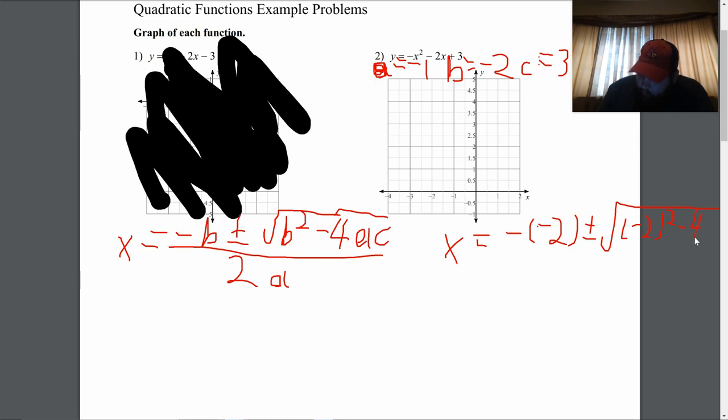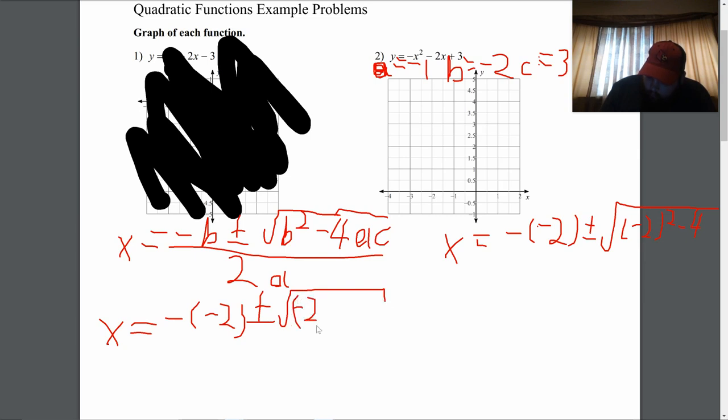You can already see I'm running out of space again. I think I'm going to write it down here anyway. So x equals negative 2 plus or minus the square root of negative 2, which should go in parentheses, squared minus 4 times 1, negative 1, positive 3.